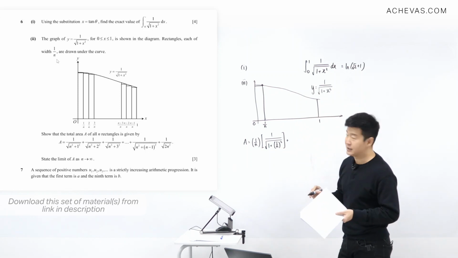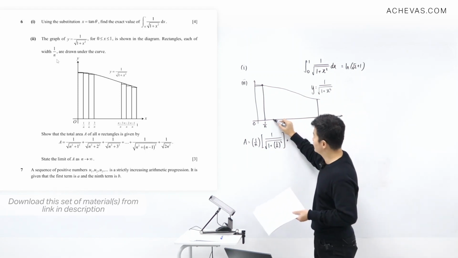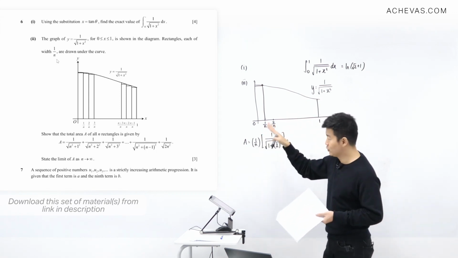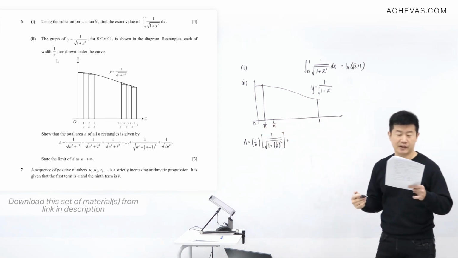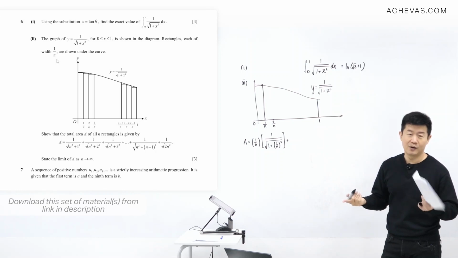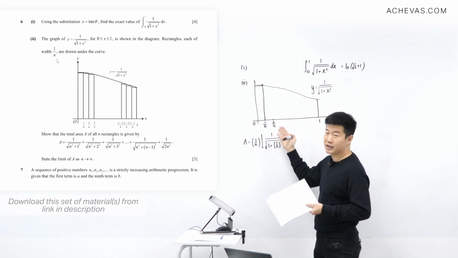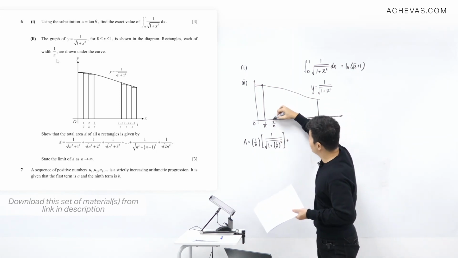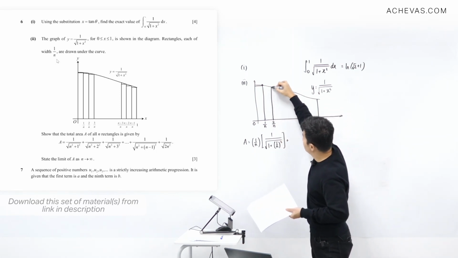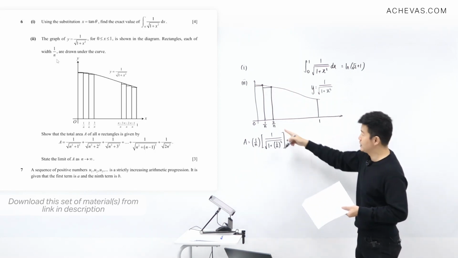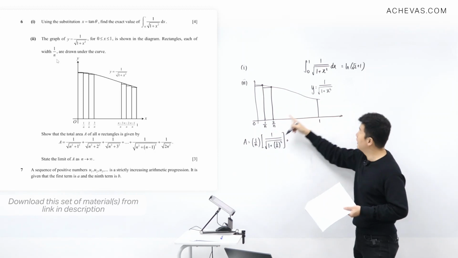Then the second rectangle. The second rectangle is going to be here. This is going to be 2 over n, obviously, right? Because according to what the question says, the width of all the rectangles is 1 over n. So this must be plus another 1 over n, which will give me an x coordinate of 2 over n. And the height of the second rectangle is going to be defined by the y coordinate of this point, which is substituting the x coordinate 2 over n into this.